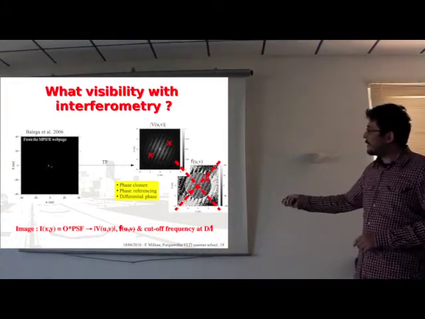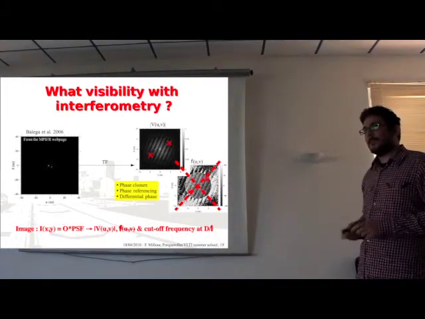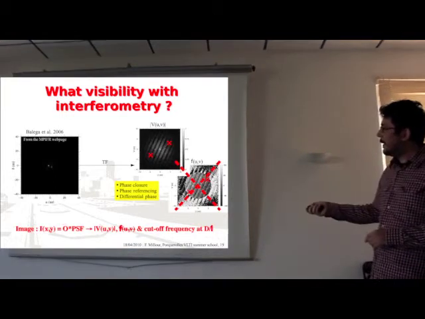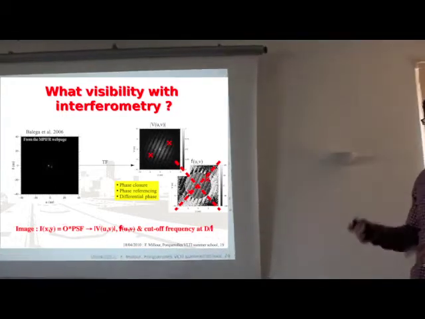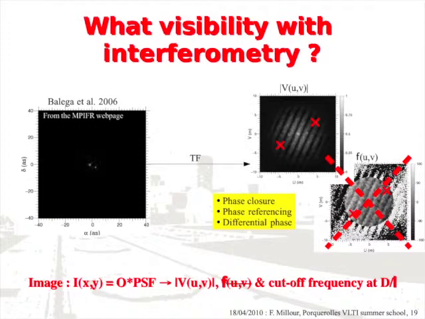So you have closure phase, for example, to get phase information with 3 telescopes. Phase referencing, if you observe 2 separate stars and take one as a phase reference. And then differential phase, which is the wavelength dependence of the phase. So you can reconstruct part of the phase information this way.